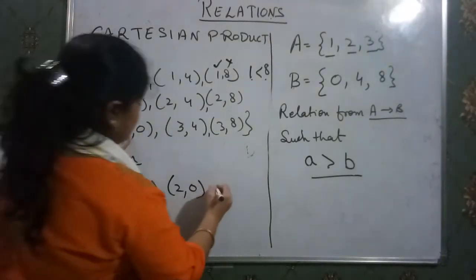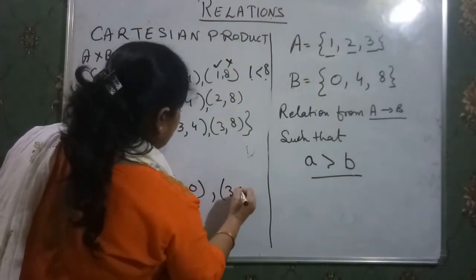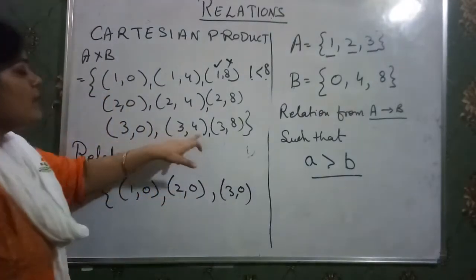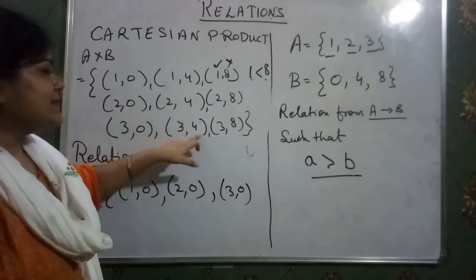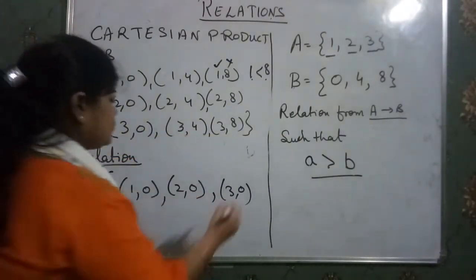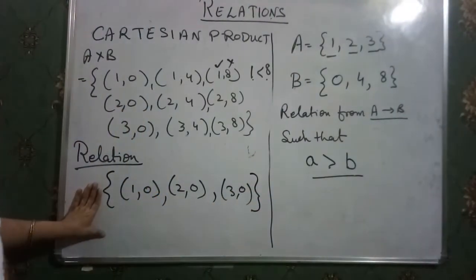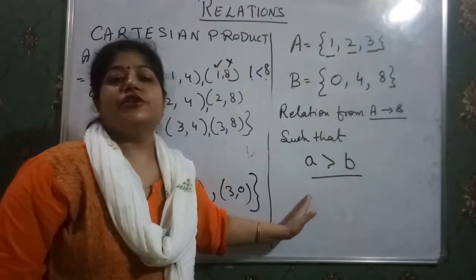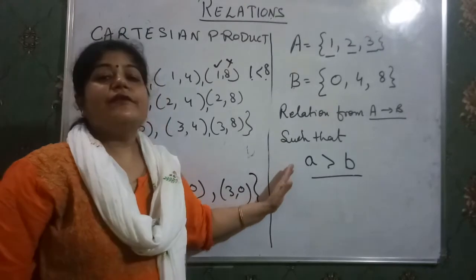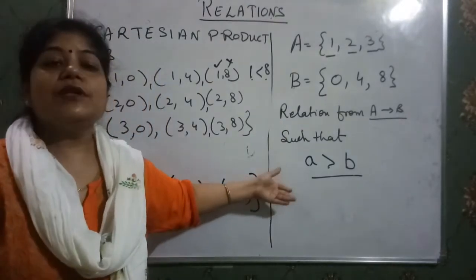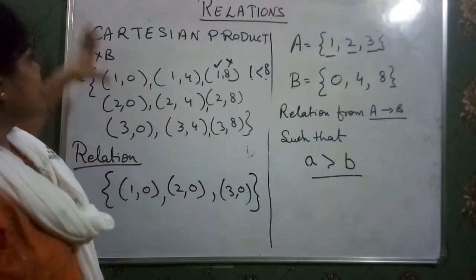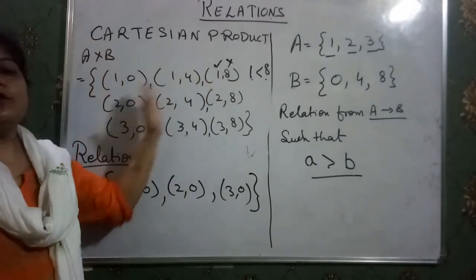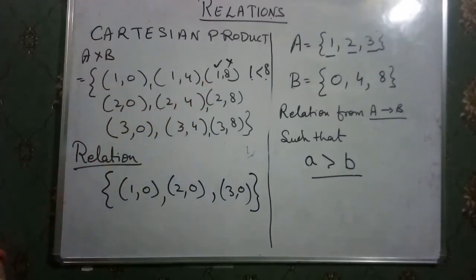Now 3 comma 0 we take it. Okay, now 3 comma 4 is less than, 3 comma 8 is less than. So this is the only relation according to this condition. So in order to find the relation, we also have to see the condition. But in the Cartesian product, we write the whole of the ordered pairs.